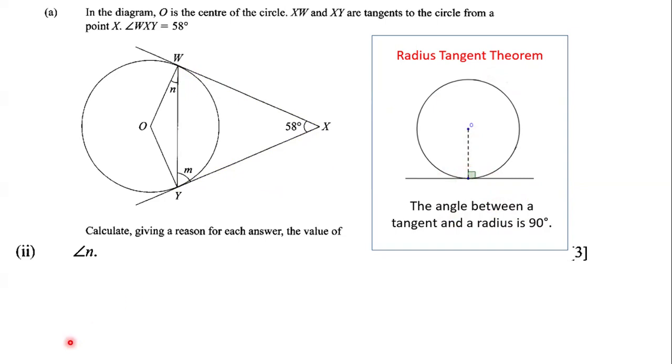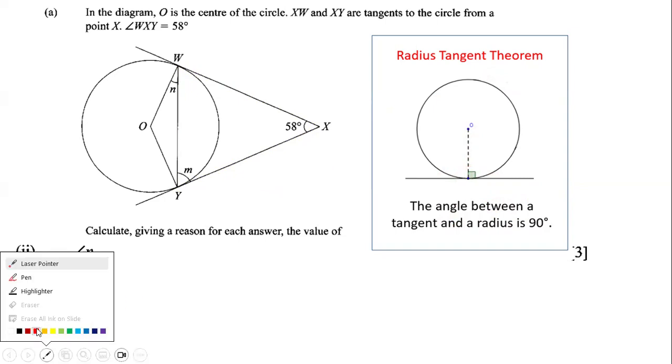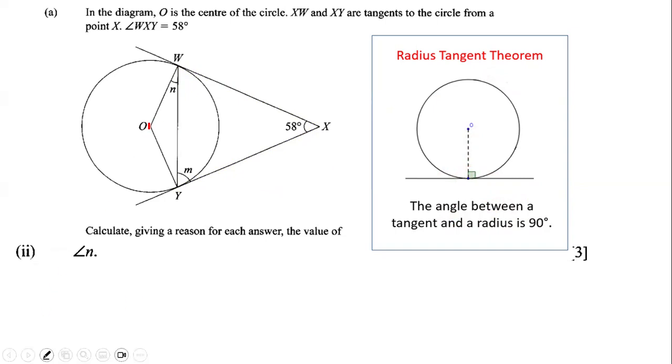All right, so here we have the center of the circle and we have the circumference. Once you have a line segment that runs from the center of the circle to the circumference, that is the radius. We call that the radius. And then we have the tangent, so this is the tangent right here.